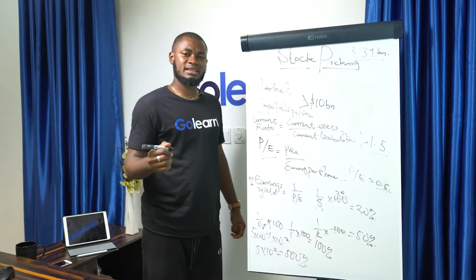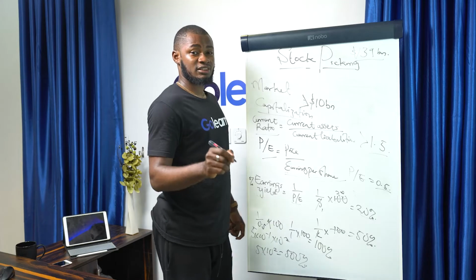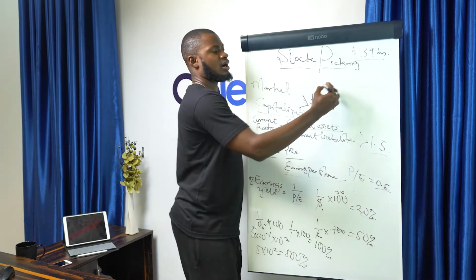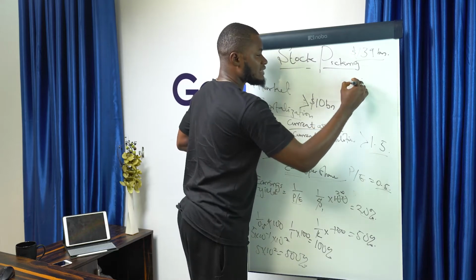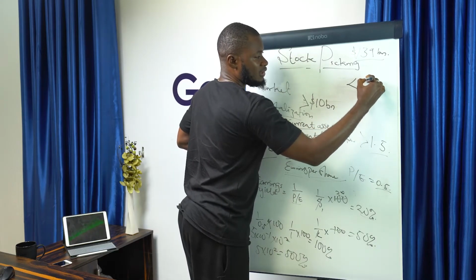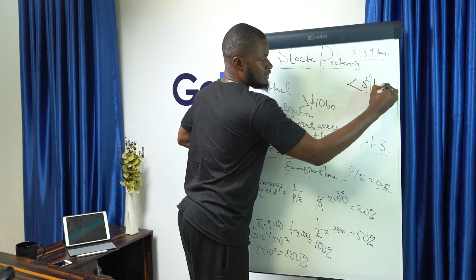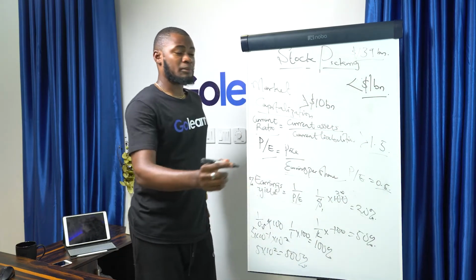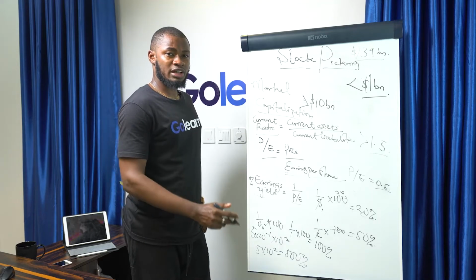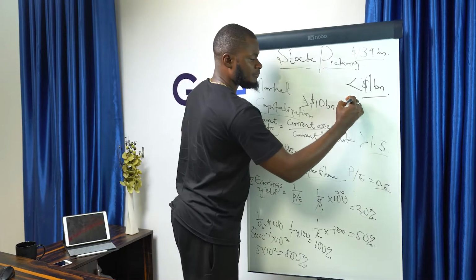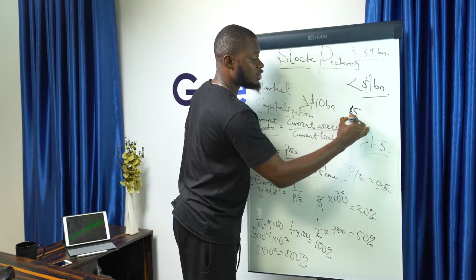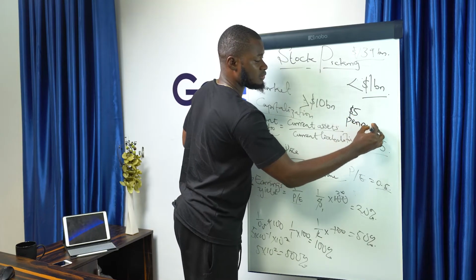But if you're a risky investor, you can contain risk. You can look for companies that are having less than $1 billion market cap. Now, there's a terminology I want you guys to understand. Any company having a price below $5 is called a penny stock.